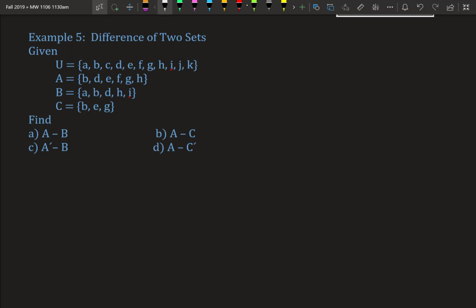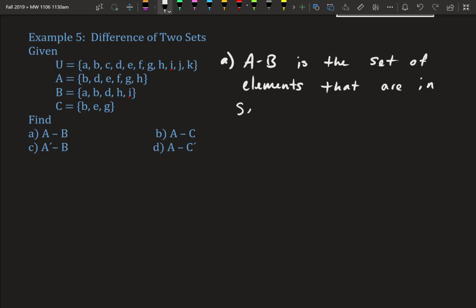So part A. Part A wants us to subtract sets A and B. What this is asking is the set of elements that are in set A but not in set B. So what they don't have in common.